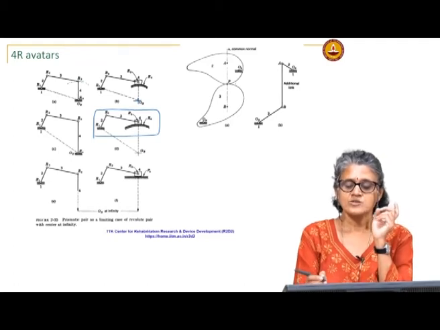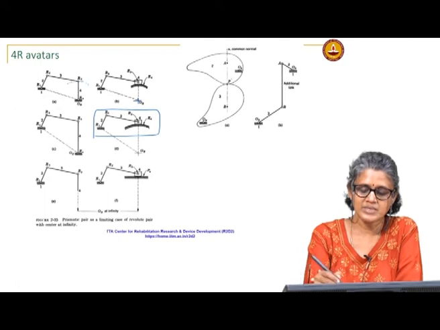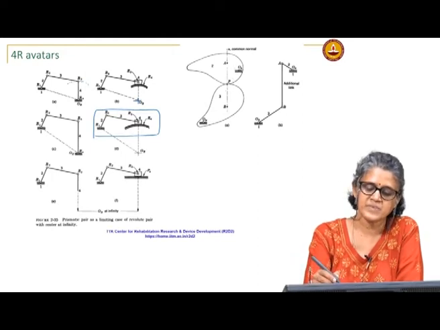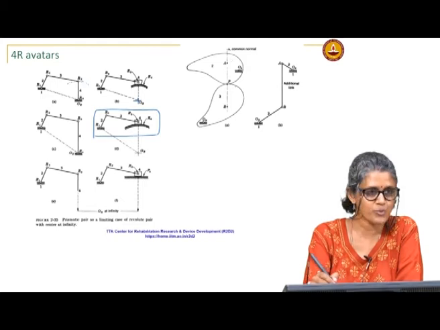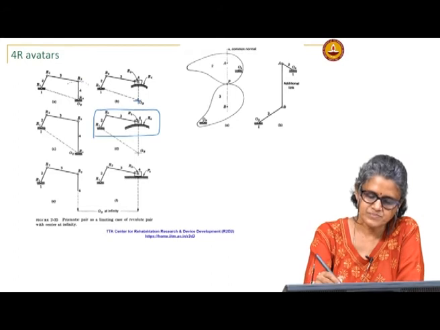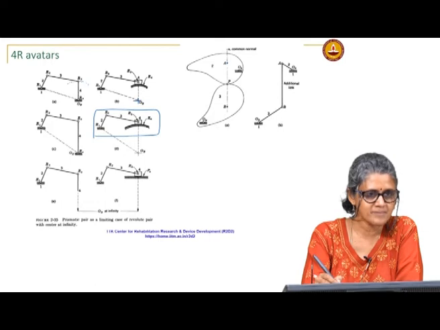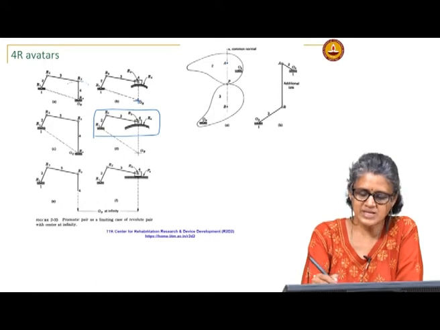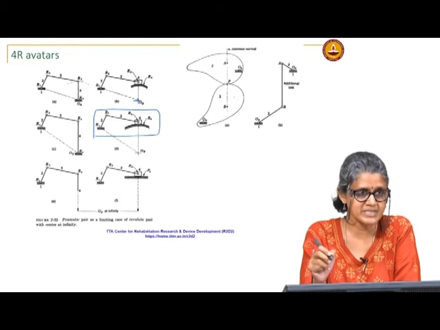Okay. So, in this case, if you look at the center of curvature of this, so you have cam 2 and cam 3, cam 2 is driving cam 3, say. So, if you look at the centers of curvature at the point of contact, say A is the center of curvature. So, P is the point of contact, and then B is the center of curvature of the other link at that particular instant.